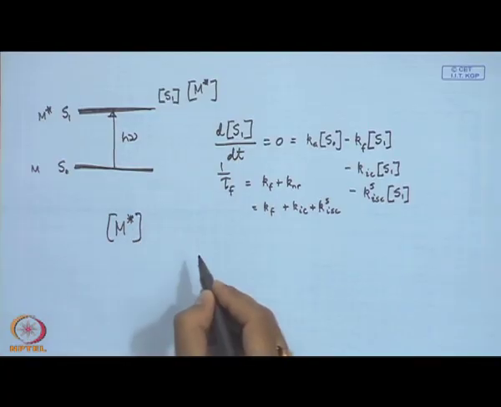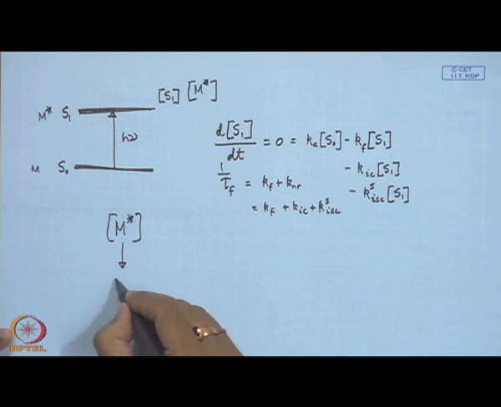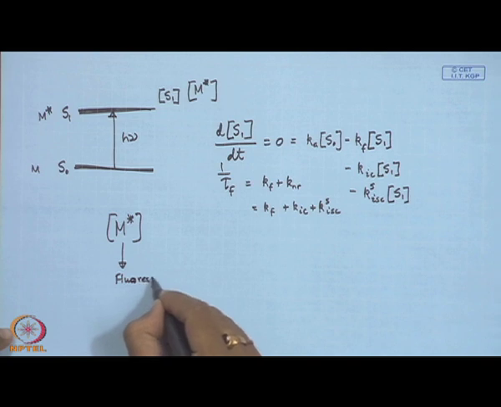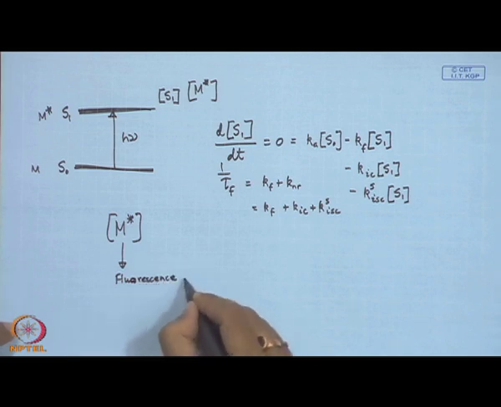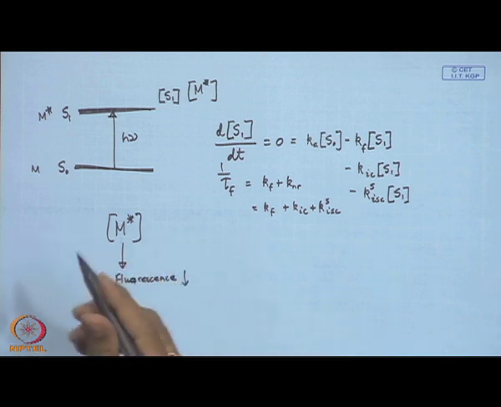If there is a ground state complexation, then you expect fewer molecules to be promoted to the excited state, or fewer free M star molecules in the excited state. That means a portion of M star is depleted. Therefore the normal fluorescence of this M star will be less. So fluorescence will be reduced. These are very important things that we should look into.